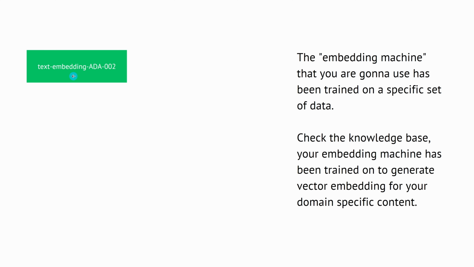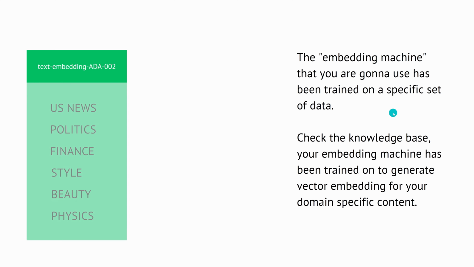I got a lot of questions about what is the best embedder. Now, it depends on your task. Let me show you this. If you check the knowledge base of your embedding machine, it will show you on what data it has been trained. Now, very easy example. This OpenAI specific text embedding Ada 002 model has been trained for everybody.